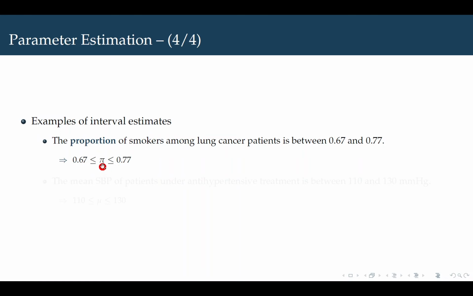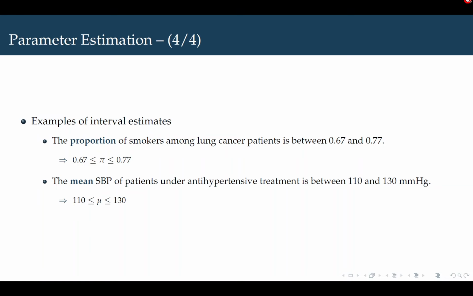So at least here we have some range of values between these two extremes. And again, using the previous example, if we say the mean systolic blood pressure of patients under antihypertensive treatment is between 110 and 130 millimeter mercury, in this case again, the population parameter of interest is the population mean systolic blood pressure of patients.